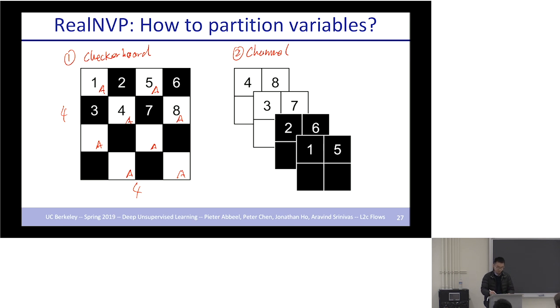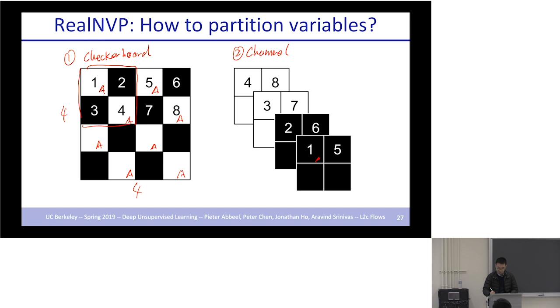And then they also propose another kind of partitioning pattern, in which case they shrink the spatial dimension of the image. If we take a look at this 1, 2, 3, 4 block, what they do is tile this spatial block channel-wise.